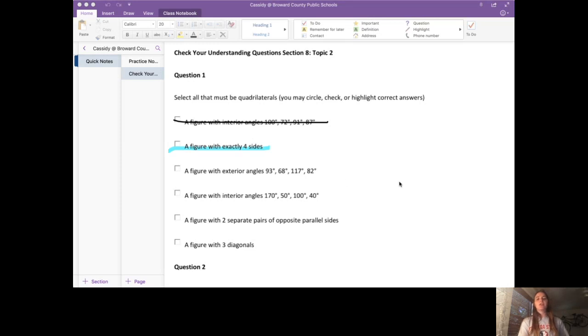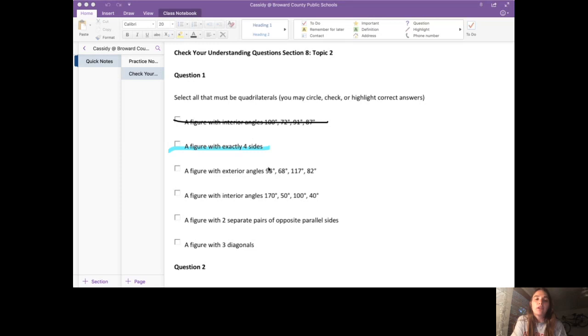Next, a figure with exterior angles 93 degrees, 68 degrees, 117 degrees, and 82 degrees. This one can be a quadrilateral if they add up to 360. The first one was interior angles; this one is exterior angles. Luckily for quadrilaterals, the interior angles add up to 360 as well as the exterior angles.